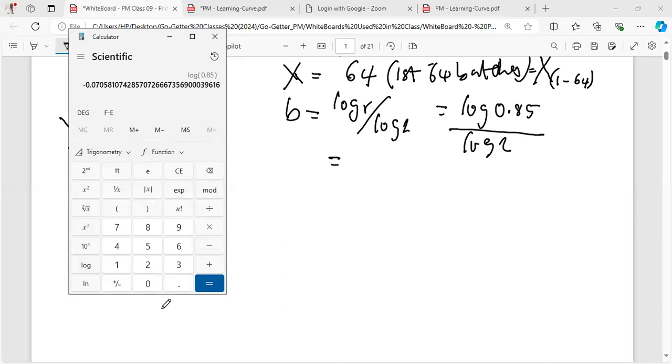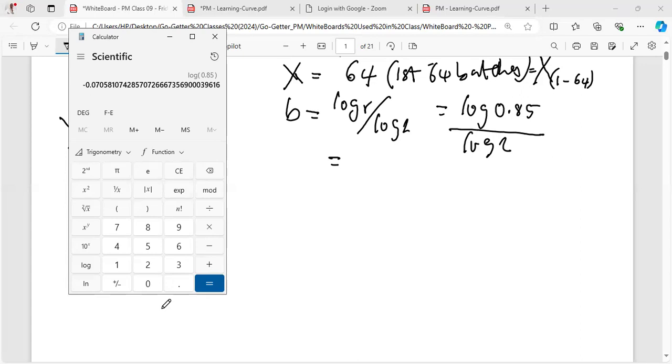We'll take it to 4 decimal places. It is minus 0.0706.